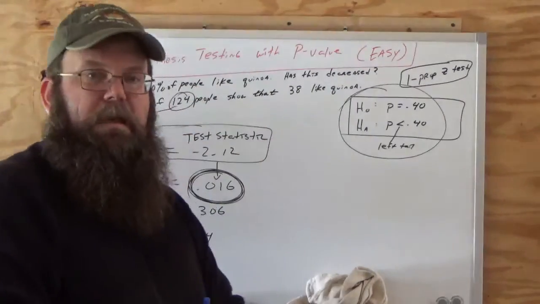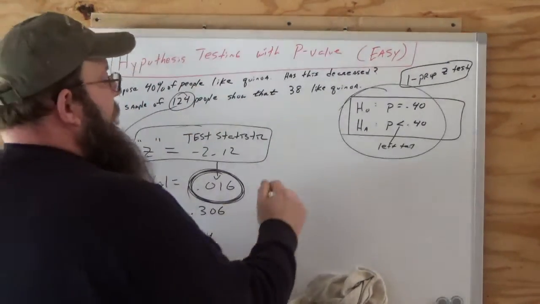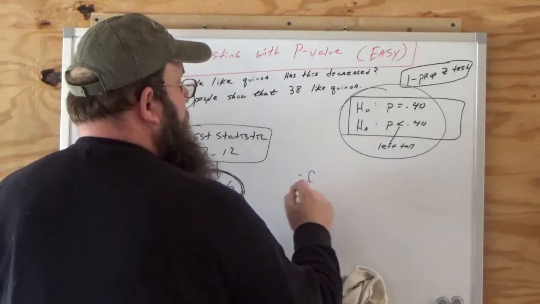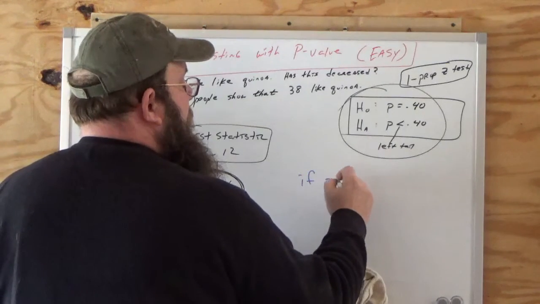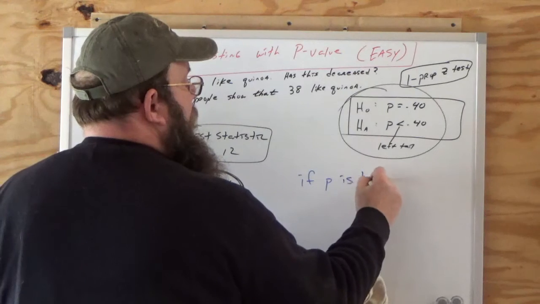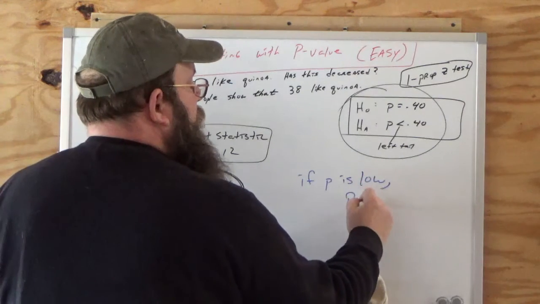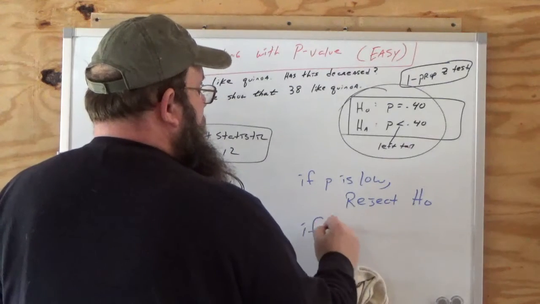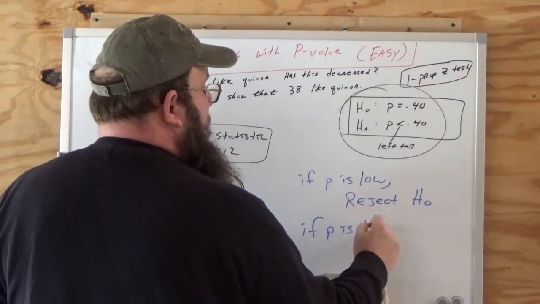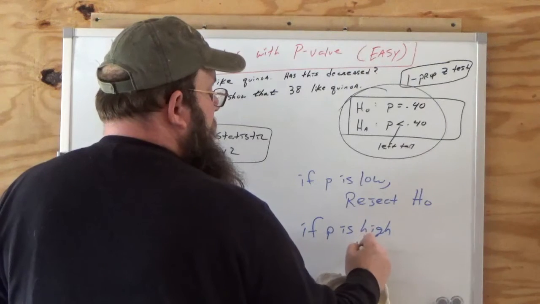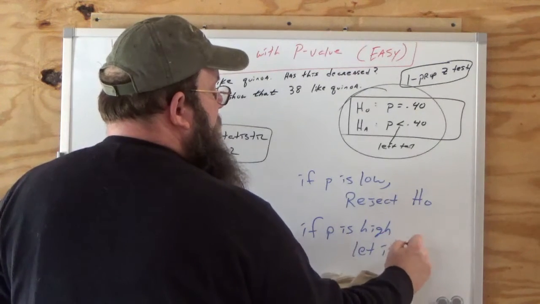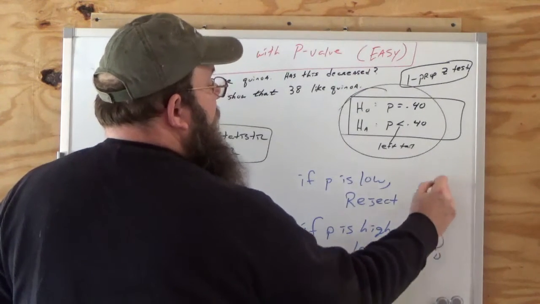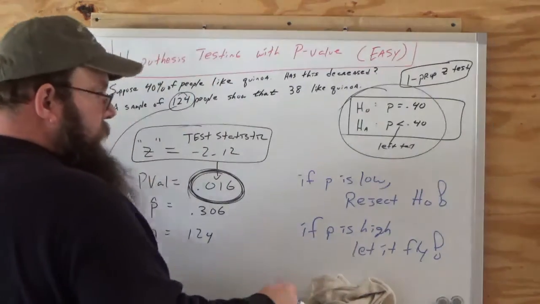We already covered that at the beginning of the video. So, if the p is low, reject the null. If the p is high, let it fly.